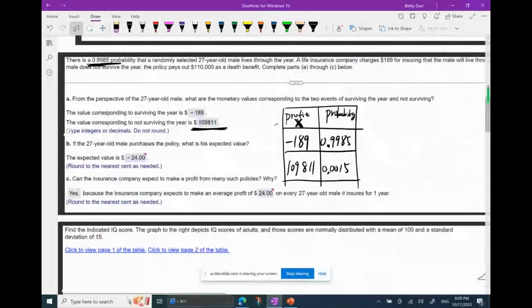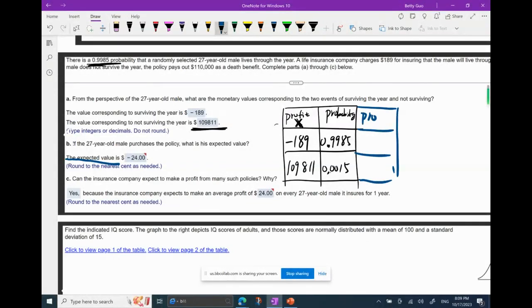All right, we are ready to find the expected value. Yeah, part B is to find the expected value, right? Yeah, or mean or average. I'm going to use a different color to extend the table because I want to use the table to find the product. Negative 189 times the probability 0.9985.